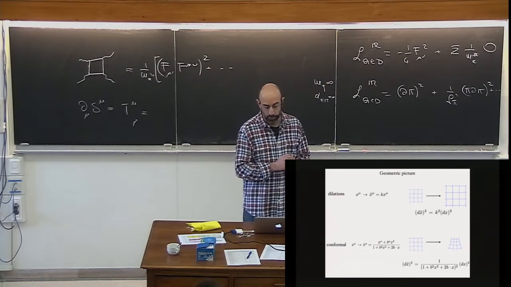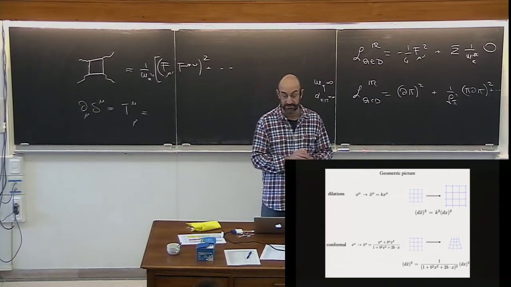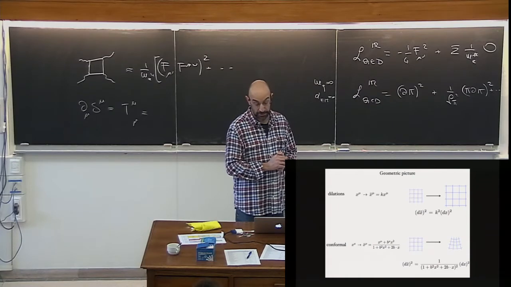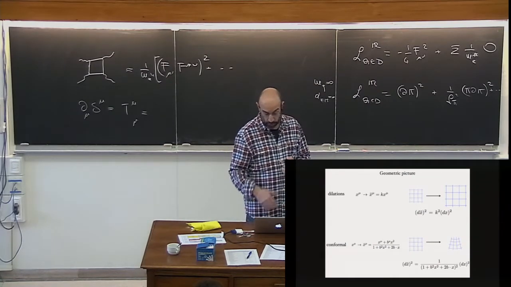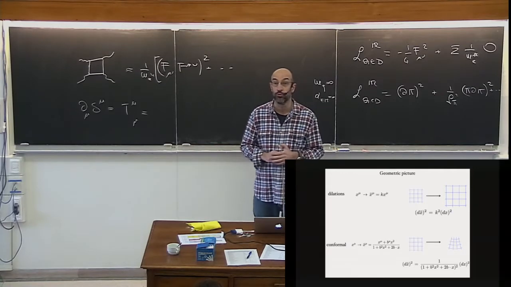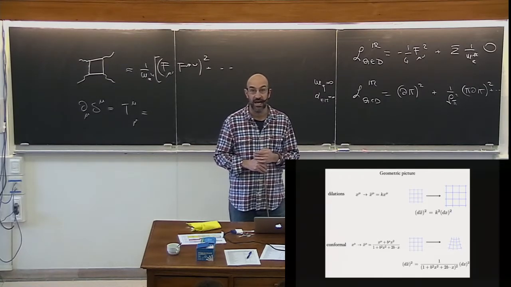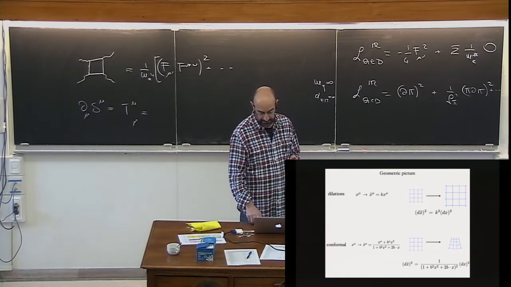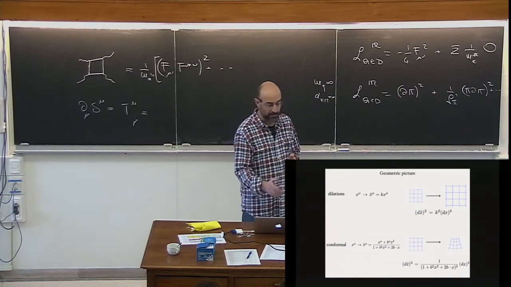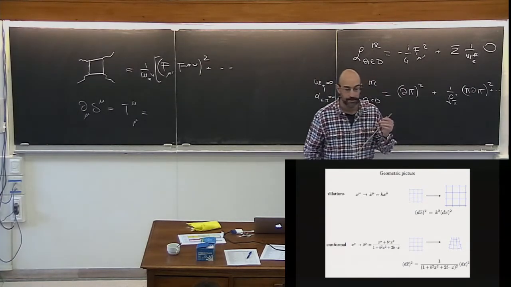So these are the two incarnations of dilatation in flat space, dilatations and the conformal transformation that you saw the other day. Now, when you go to curved space, when you turn on a metric, you can upgrade these symmetries to a symmetry known as Weyl symmetry.